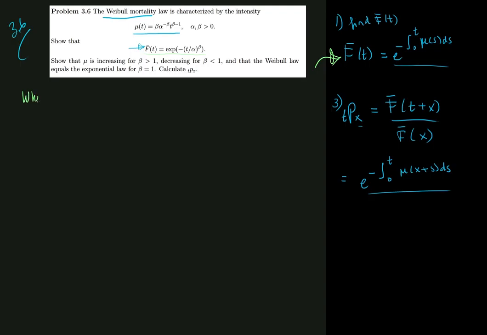So when beta equals 1, we have that the mortality rate is equal to 1 multiplied by alpha to the minus first multiplied by t to the zeroth. So mu of t is just equal to alpha for all t greater than 0. And this means the mortality rate is constant.